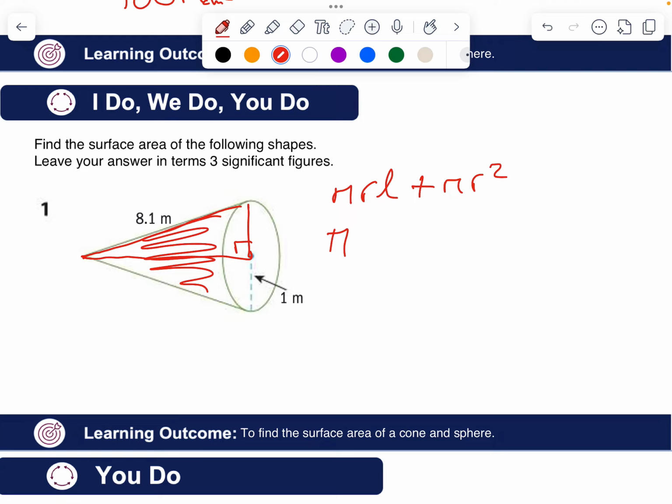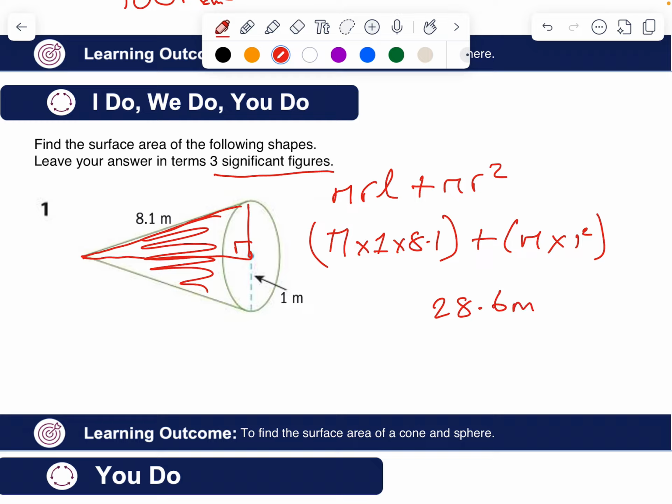So it just wants it in 3 significant figures: pi times 1 times 8.1, I'm going to put it in a bracket, plus pi times the radius squared, and you can put that straight into your calculator. Pi times 1 is just 1, pi times 8.1, and then we just need to add pi times 1 squared. So my answer for this question is 28.6 metres squared.